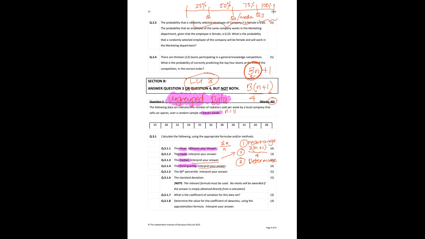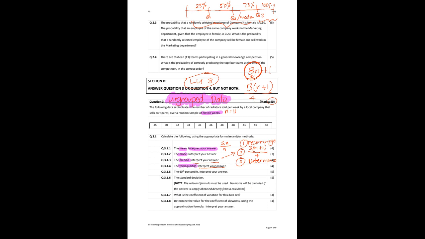Okay, then question 3.1.5 is asking you to calculate the 60th percentile. So your 60th percentile is also following the same steps as with your median and your quartile. It is to rearrange.